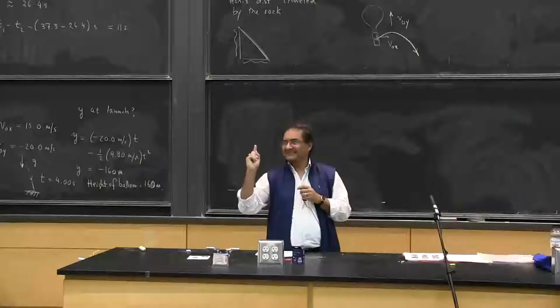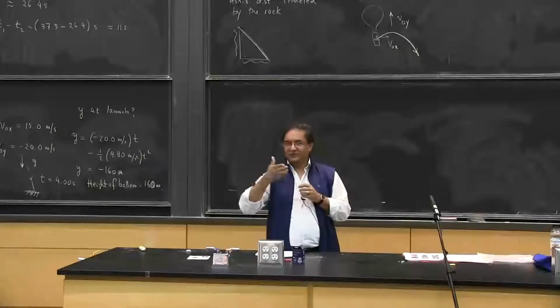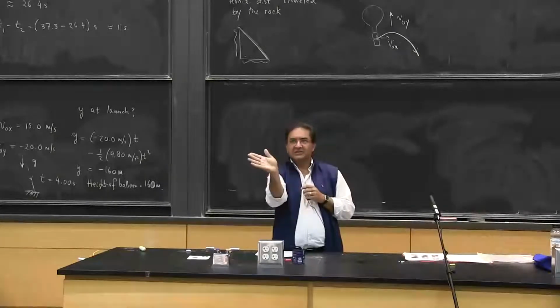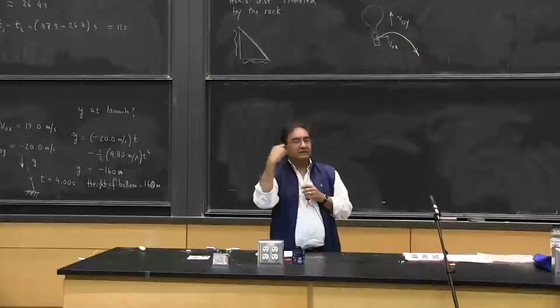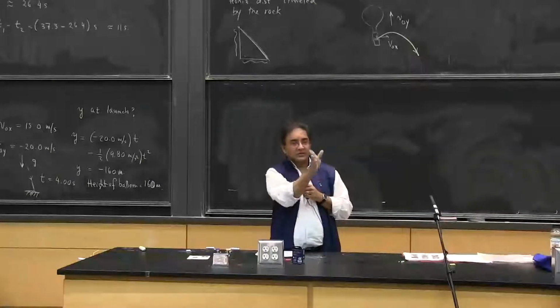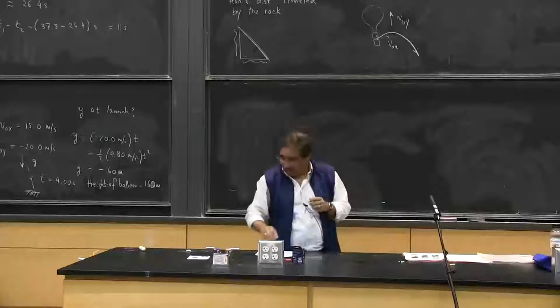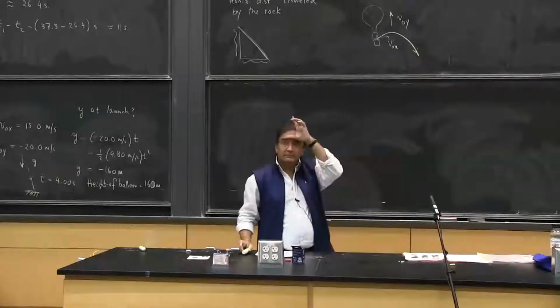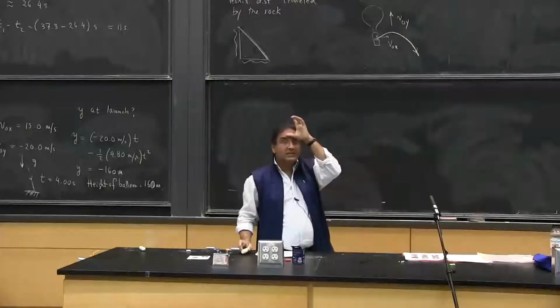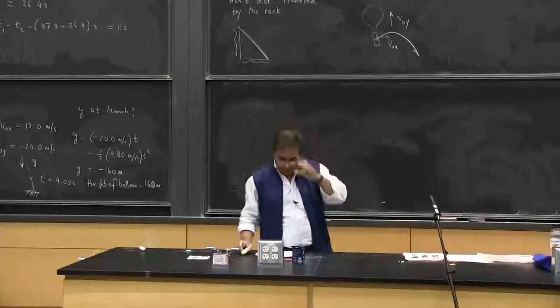Why? Your velocity is continuously changing. Even going around in a circle at fixed speed, your velocity is continuously changing. And therefore, there is a force acting on you, as per Newton and Galileo.